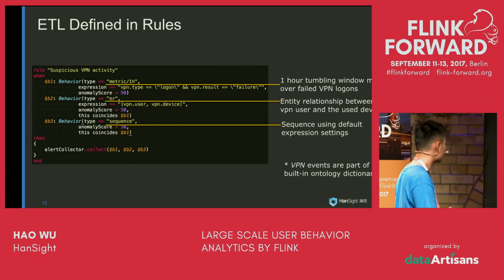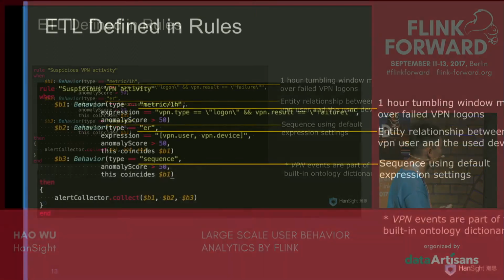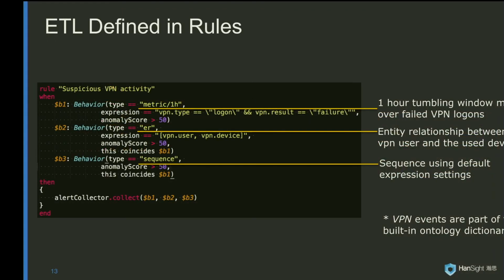So here again, a typical Jules rule. We have three behaviors here, that's three conditions. For the first one, the condition is type equals metric / 1 hour. That means a 1 hour tumbling window over failed VPN logs. And this is the expression: VPN.type equals logon, and the result is failure.